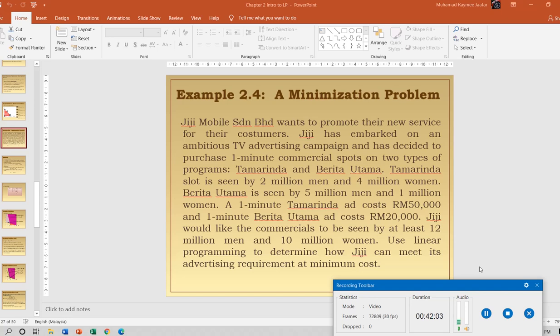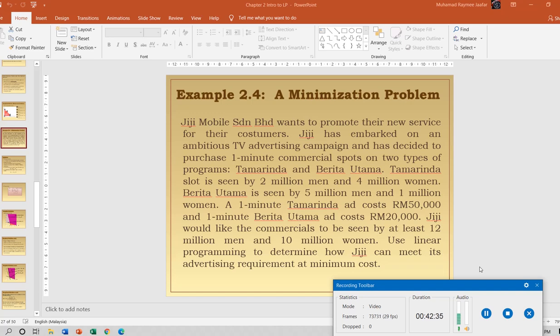So, this company is a telco company which has a new service. They want to promote their new service to the customer. One of the ways to promote the service is by advertising it on TV during the commercial break. So this company aims to minimize the cost.